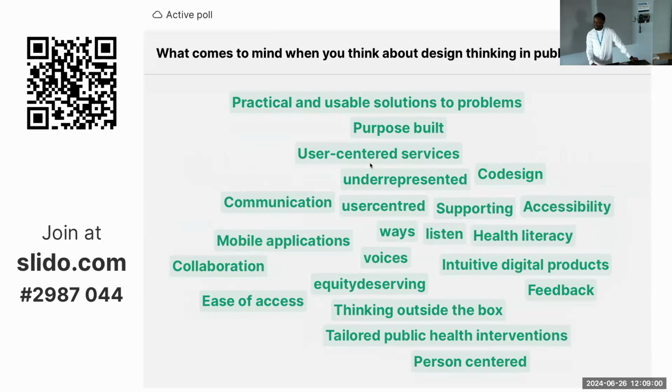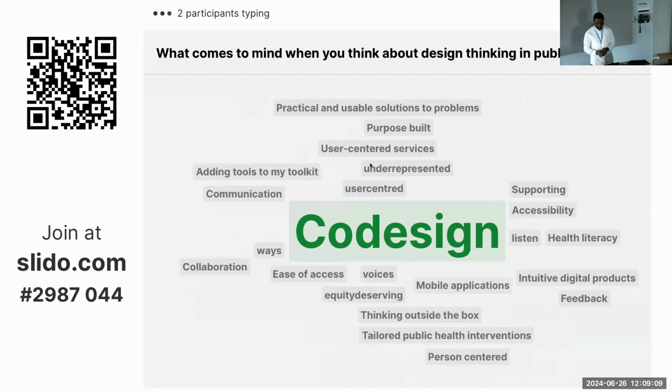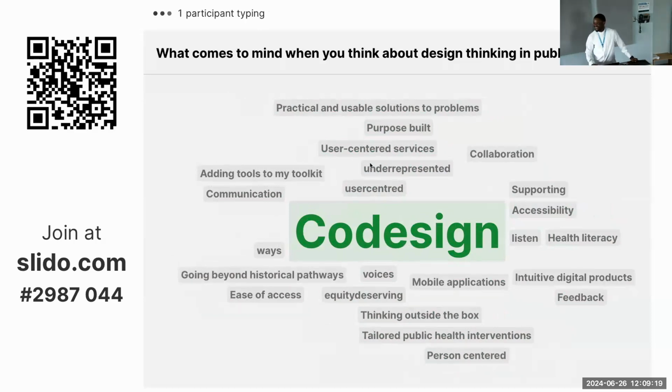I don't see any big central terms coming up, which is interesting. So we have very many views on what user-centered design is, and hopefully, I wish I'd put this again at the end, we'll have a similar conversation. Oh, co-design. Aha, finally something. Co-design should be something that we talk a lot about in public health, so it's interesting to see that people are mentioning it here.